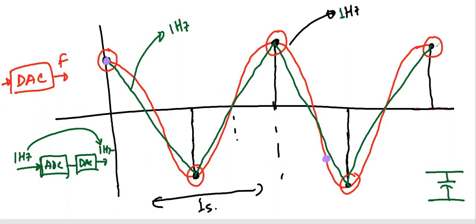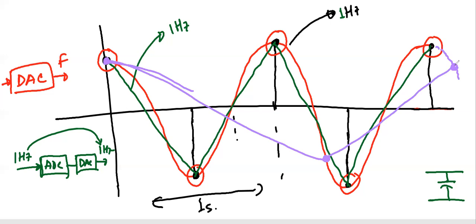Okay, so let me complete this. If the sampling period is now higher, this is the second case. So you are putting some sampling frequency. What is the sampling frequency? We'll find it later on. So it will look like this.